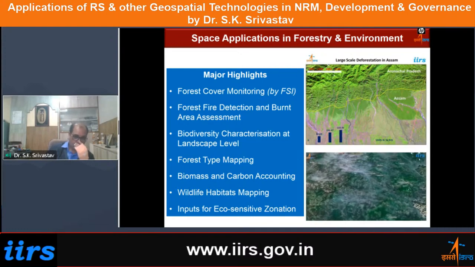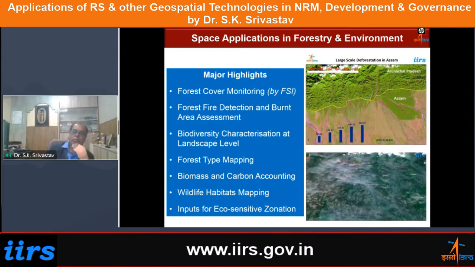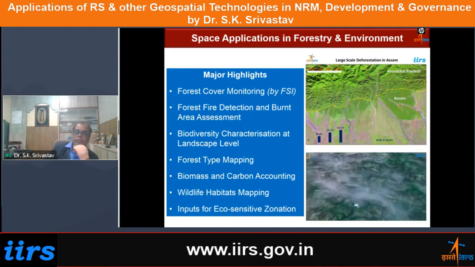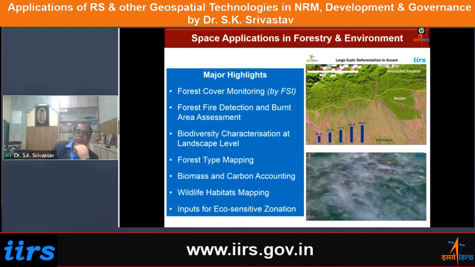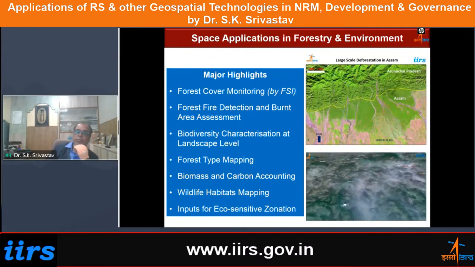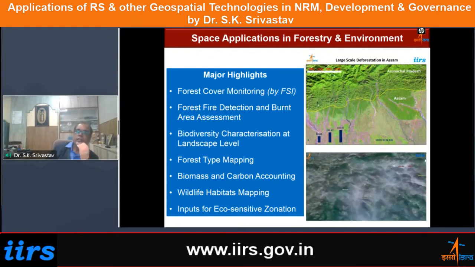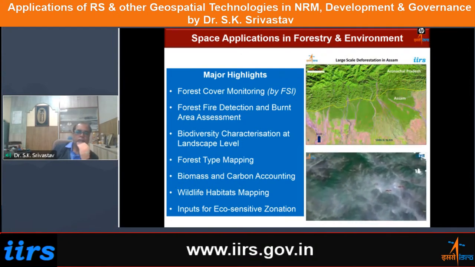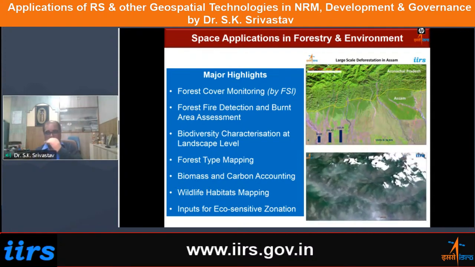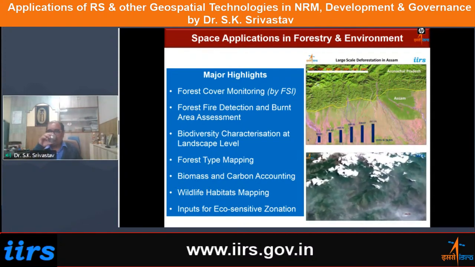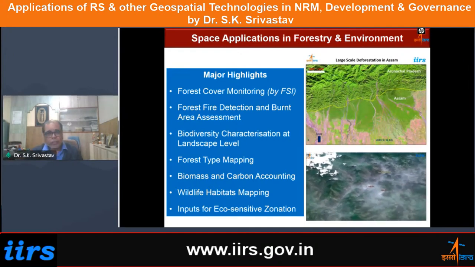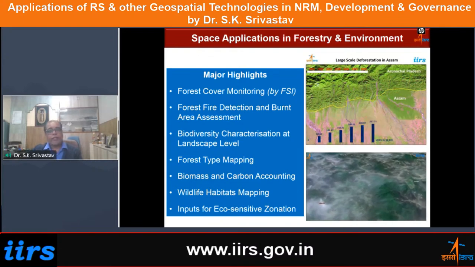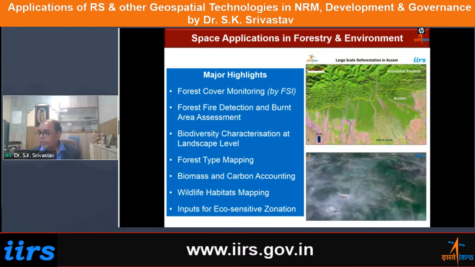So we need near real-time information about where these forest fires are taking place, so that if it is provided in time to the people working on the ground, they can address that issue, quench the fires or take actions on the ground. Towards this, again, the satellite images are being used for forest fire detection on an operational basis.